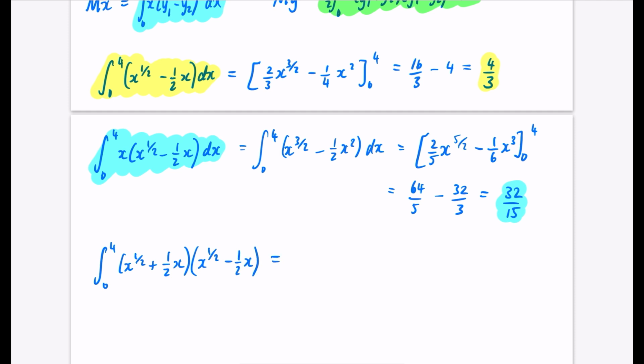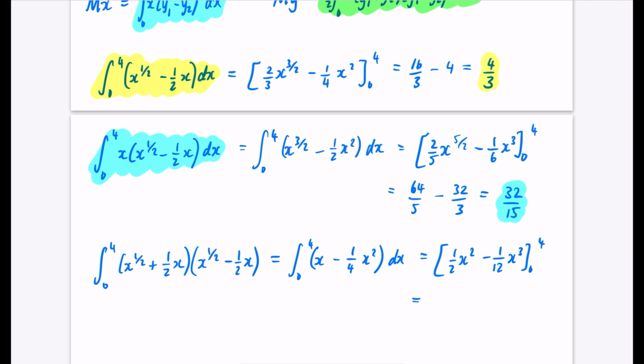So I actually only need to multiply those two and multiply those two. So x to the half times x to the half is just x to the 1. And I'm going to be subtracting a half x times a half x, which is minus a quarter x squared with respect to x. So that is a half x squared minus a 12th x cubed between 0 and 4 when we do the integration.